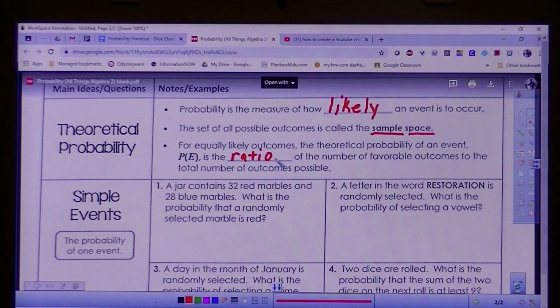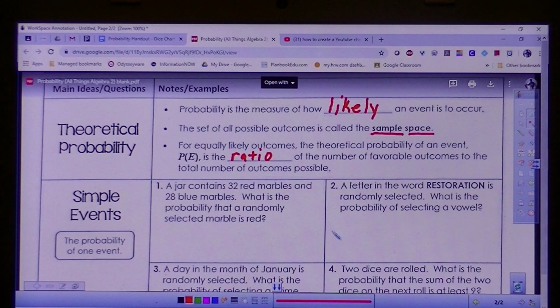So it's a ratio, a fraction. What's the chance of getting heads when you flip a coin? Well, it's 1 out of 2, so 1 over 2. The favorable outcome, getting heads, is on the top, and there are 2 possibilities, which is the bottom. We'll do some more examples as we go along.